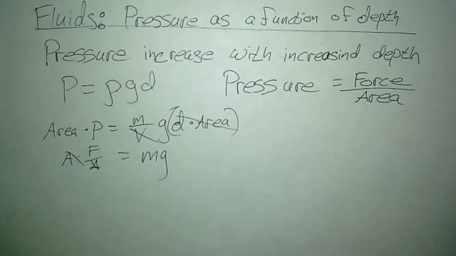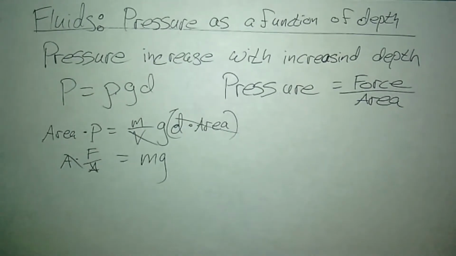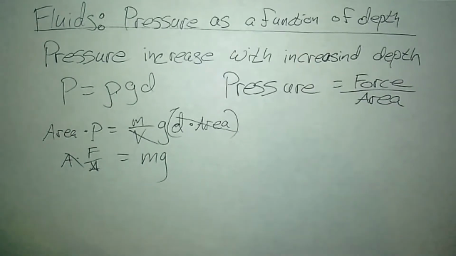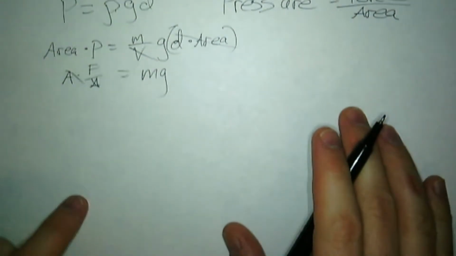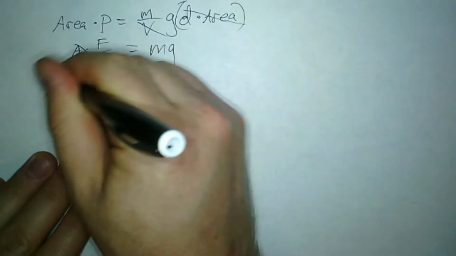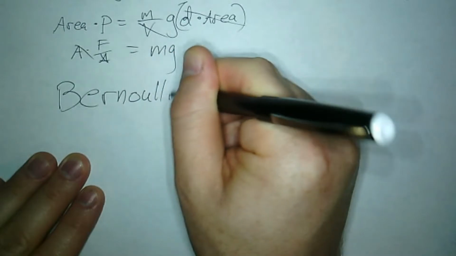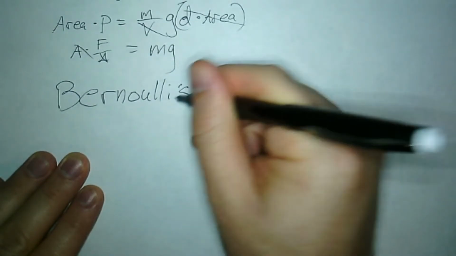This comes from another equation called Bernoulli's equation, which I'll introduce to you now, but we're going to have to do a separate video on because it's worth its own video. But all right, let me write here. So Bernoulli, you've probably heard about this guy in chemistry when you did a little bit in Bernoulli's equation then.